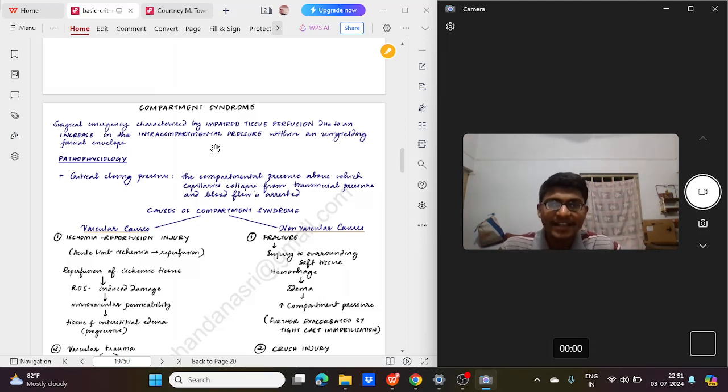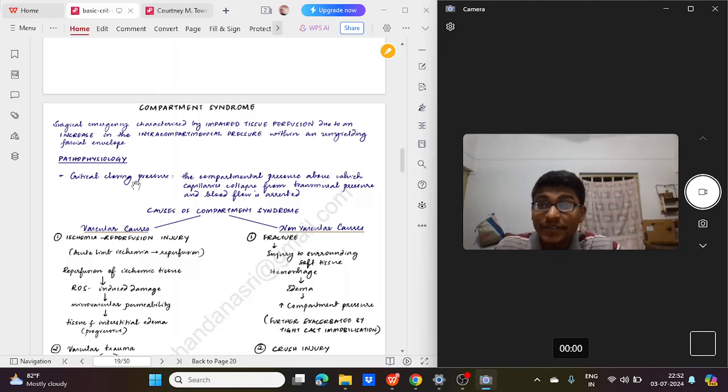It is characterized by impaired tissue perfusion, which is due to increase in the compartmental pressure, that is intracompartmental pressure in the unyielding fascial envelope. That is, it's a secured compartment, secured box with fascial envelope where there is increase in pressure due to various reasons. It could be, so we'll see it ahead.